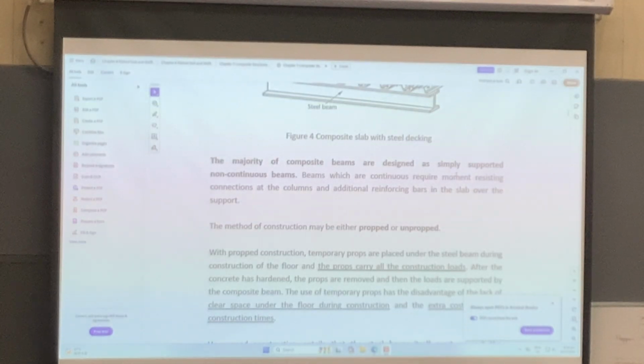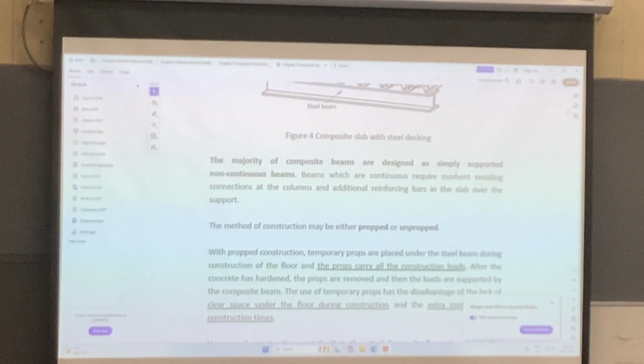The other way is unpropped construction. That means we do not put any props below.